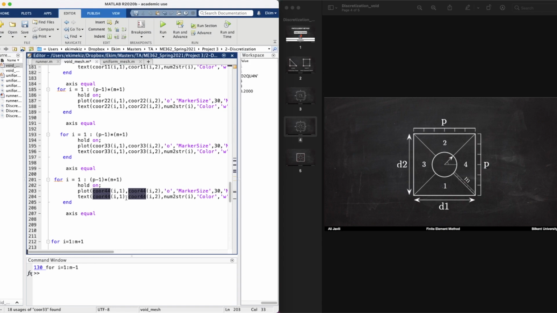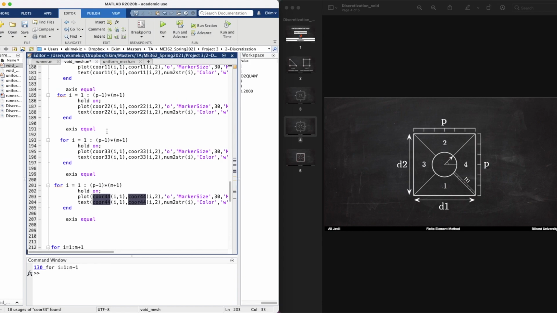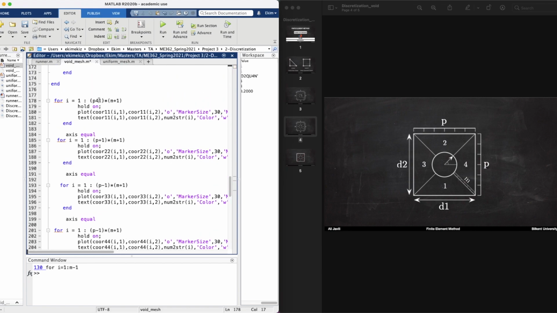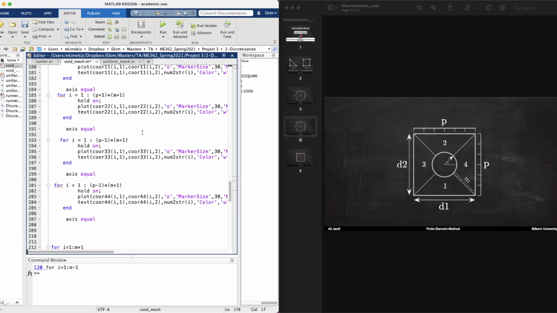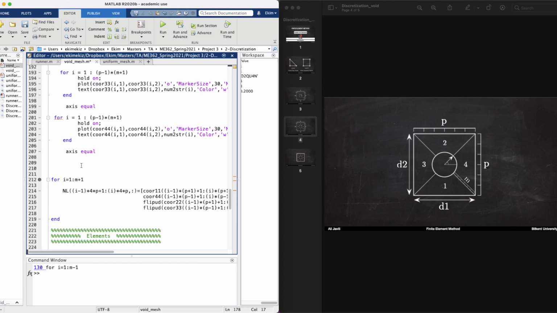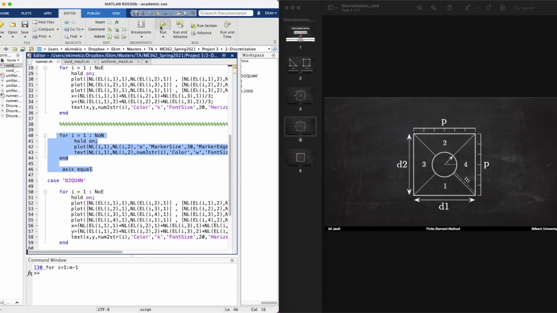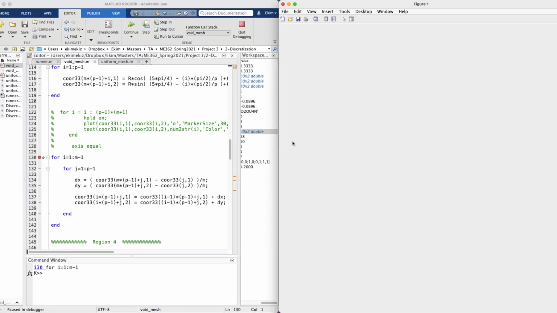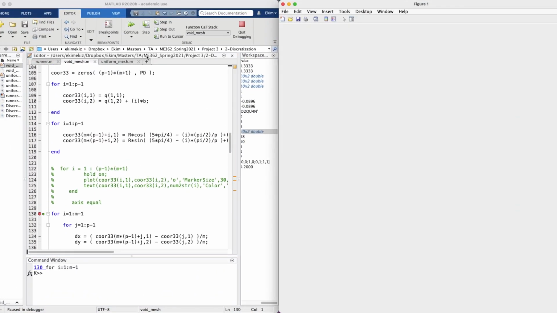And 4 and 3, they should be p minus 1. These should be p plus 1. Okay, and let me stop it here. So let's run it. Continue.